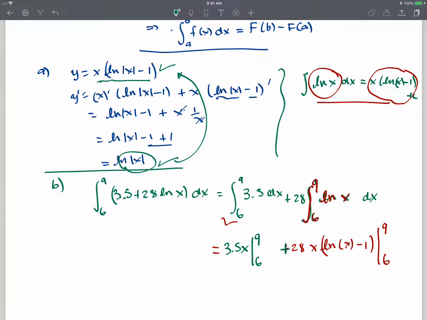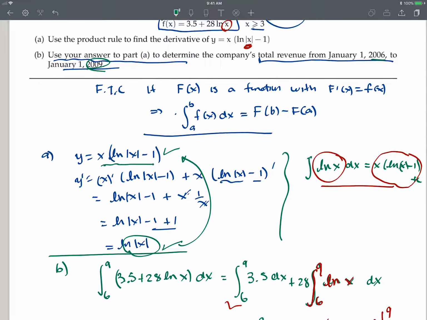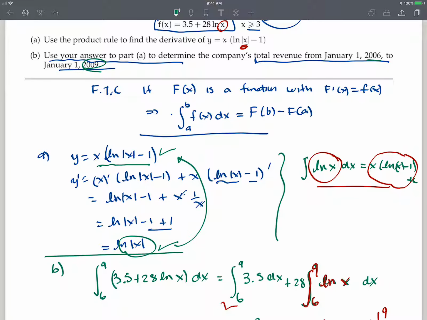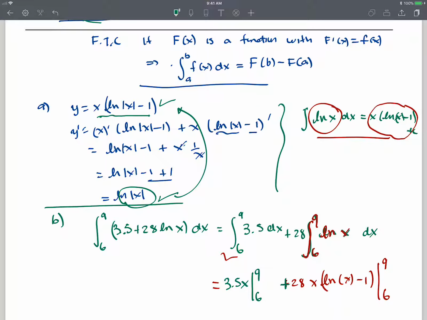If you do this in the calculator, you get 179.185, but this was in, I believe, millions of dollars, so this is really 179 million, or something like that. Sorry, 179 billion dollars. So this is what the question is asking.